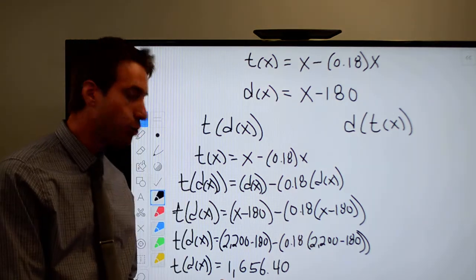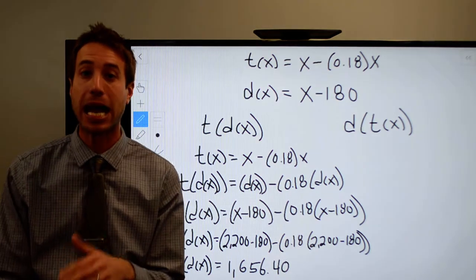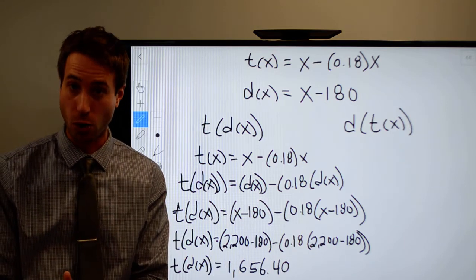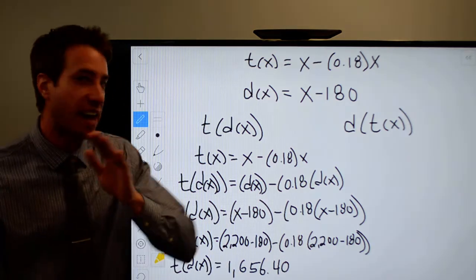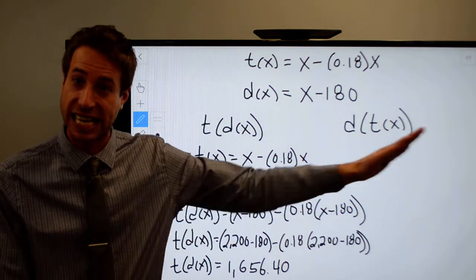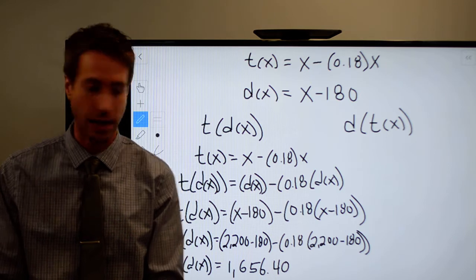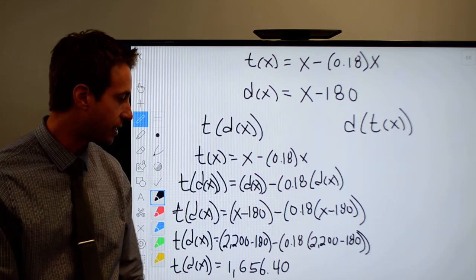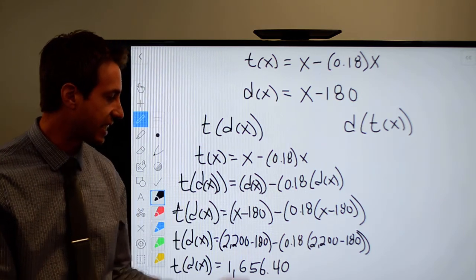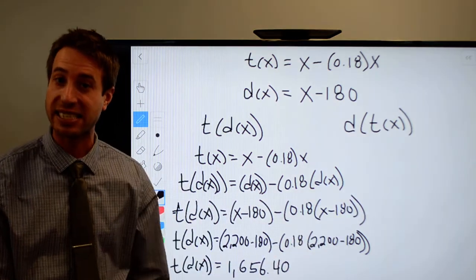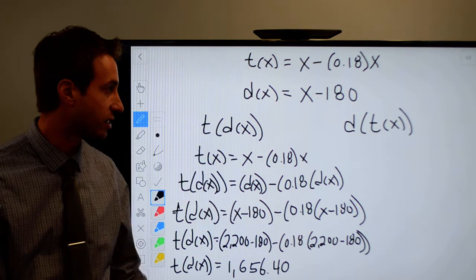Again, what you just found is his net pay. This is what Tyrone would take home if he had the $180 taken out and then paid his taxes. All right? $1,656.40. He deducts $180, that goes into retirement, then he pays his taxes on what's left over.